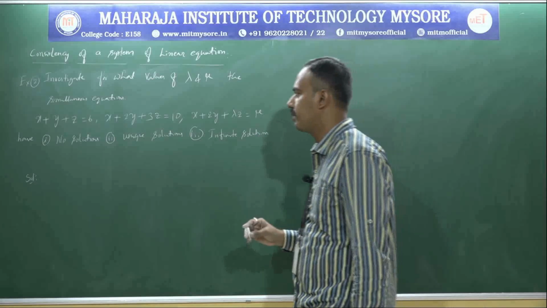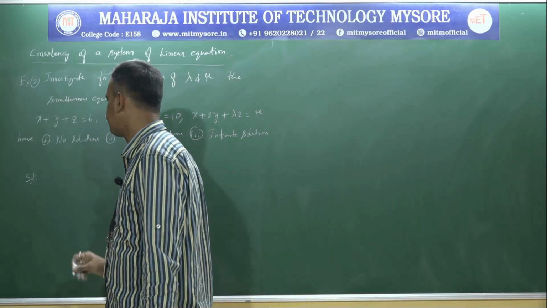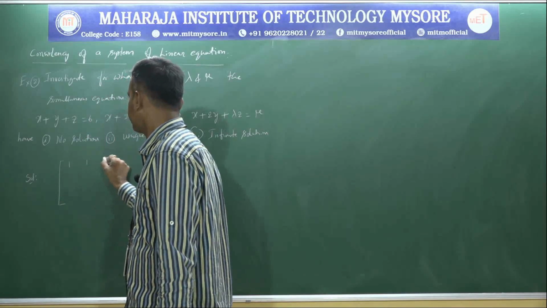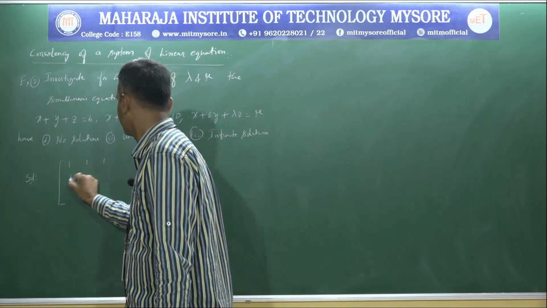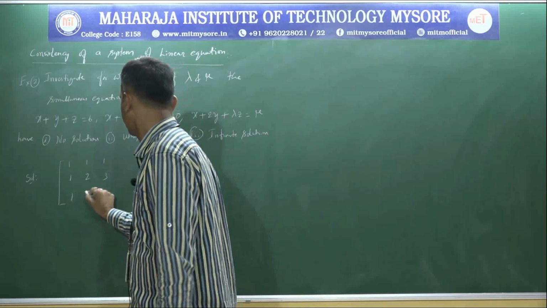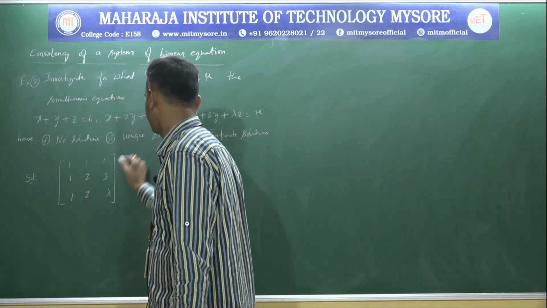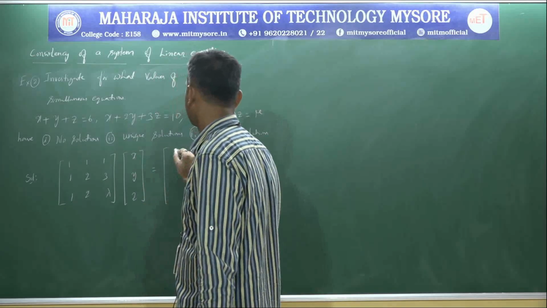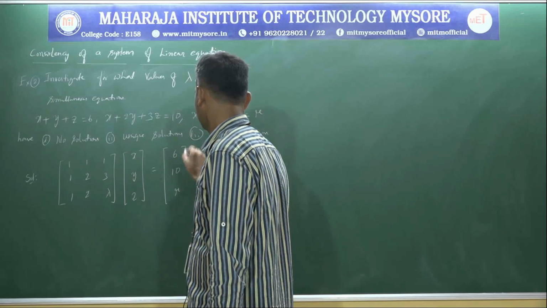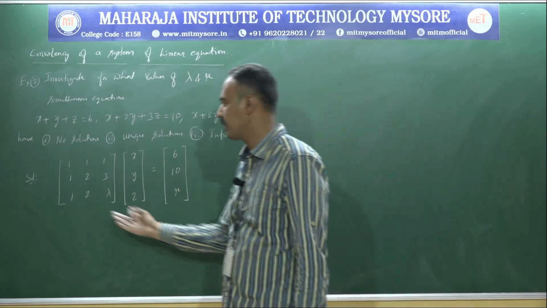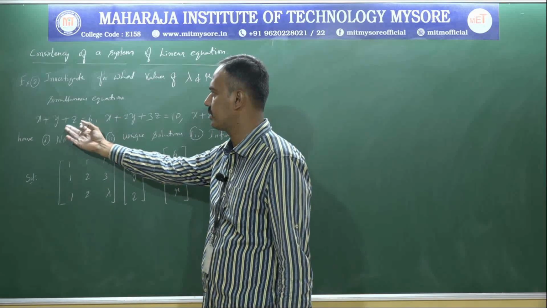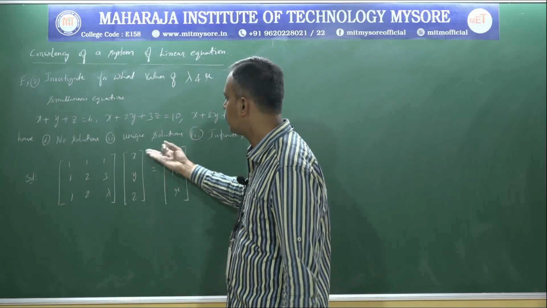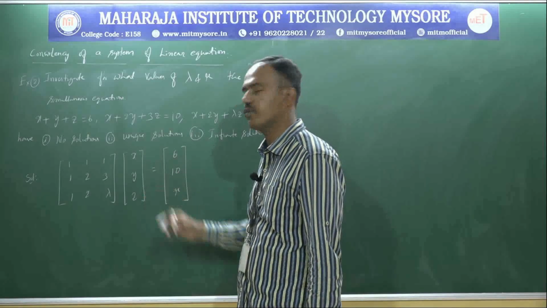We denote the matrix A elements, the left-hand side coefficients of all 3 equations, along with the 3 unknowns x, y, z.